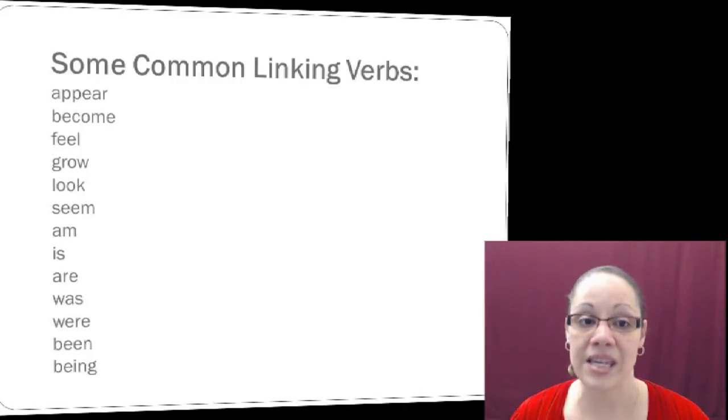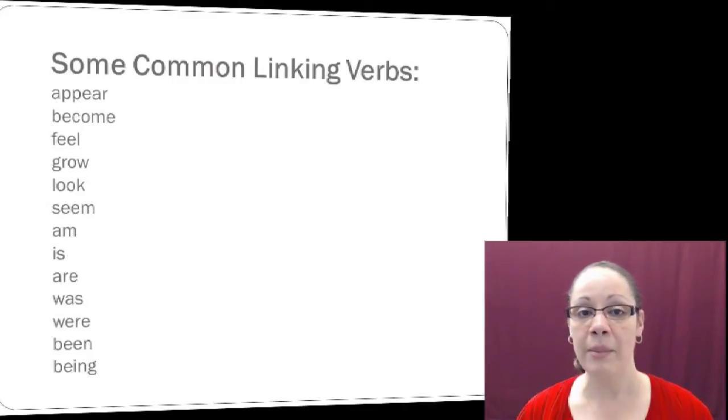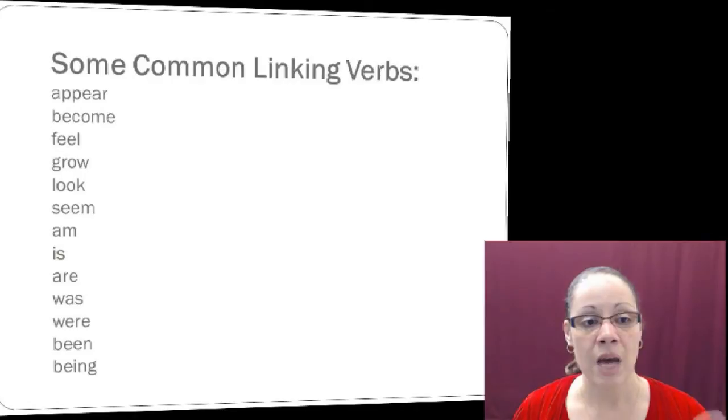It's what something is. Now I do have some common linking verbs for you: appear, become, feel, grow, look, seem, am, which is a be verb. We have our list of be verbs at the bottom of our screen: am, is, are, was, were, been, and being. Those are our linking verbs. Again, they express a state of being and not what someone is actually doing.